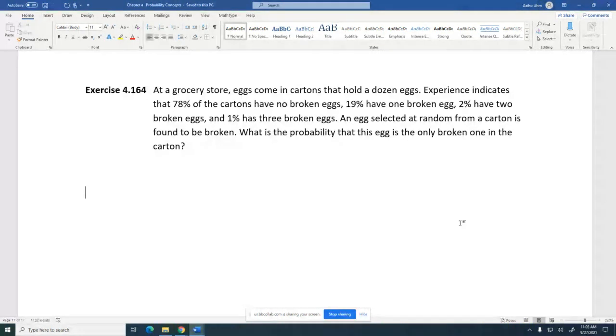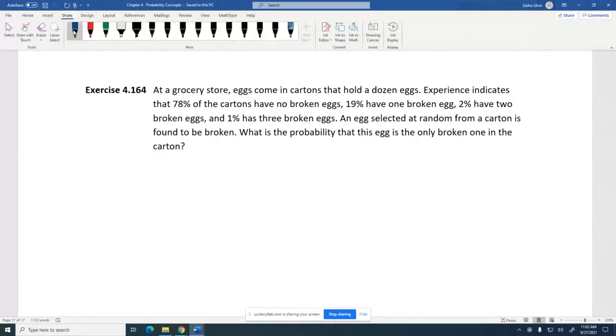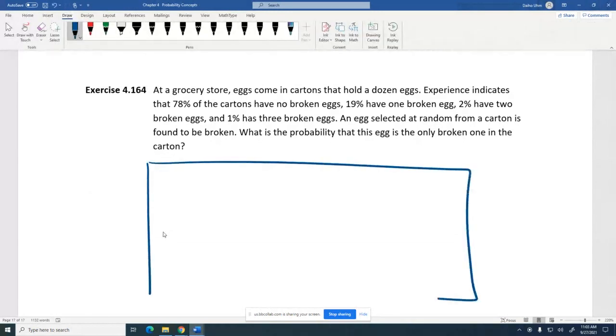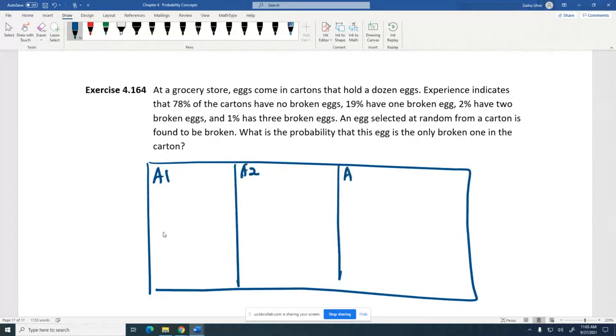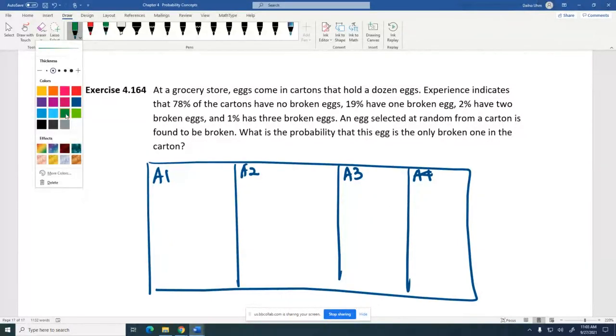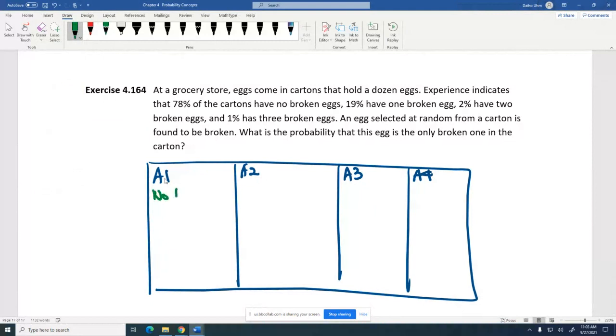It's good, right? So now we can make the Venn diagram, and we can split A1, A2, A3, and A4. A1 means no broken eggs, A2 one broken egg, A3 two broken eggs, and A4 is three broken eggs.